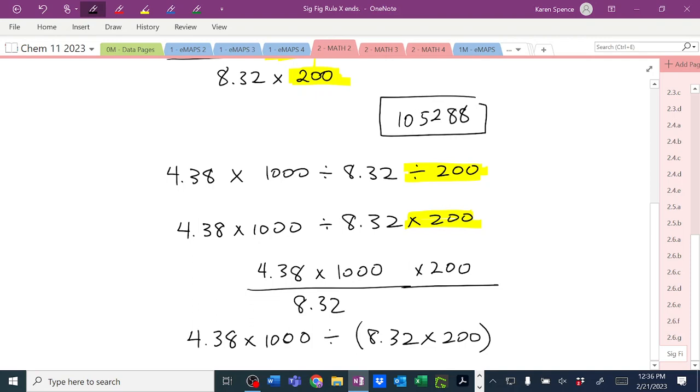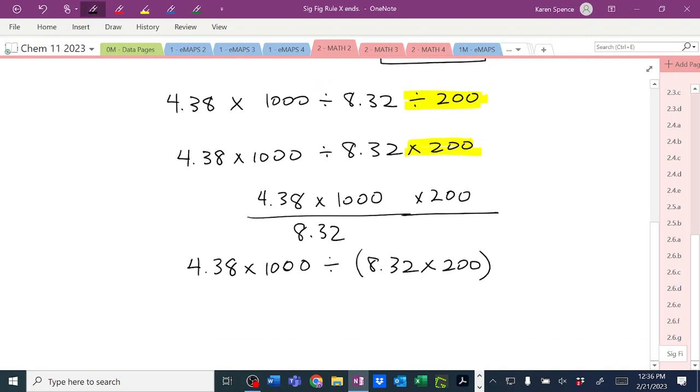I'm lazy. I don't like typing more keystrokes than I need to, so I like to do divide by, but for a lot of people, this just makes more sense to them, and so if you like that, then go for it, absolutely. But if you're dividing by two things, you either have to bracket the whole schmear or you have to go divide by, okay?